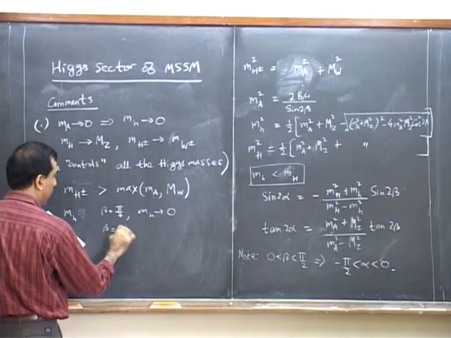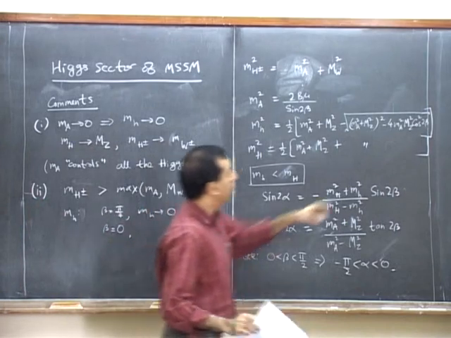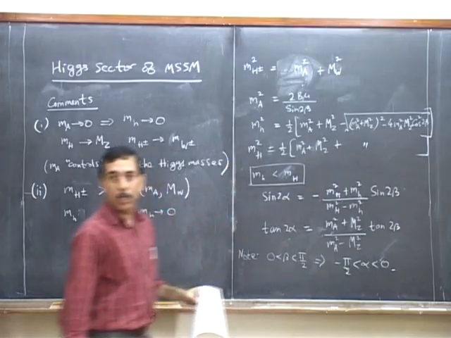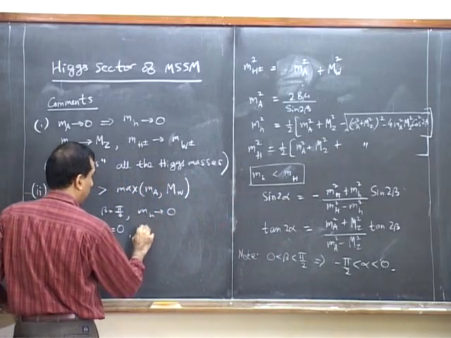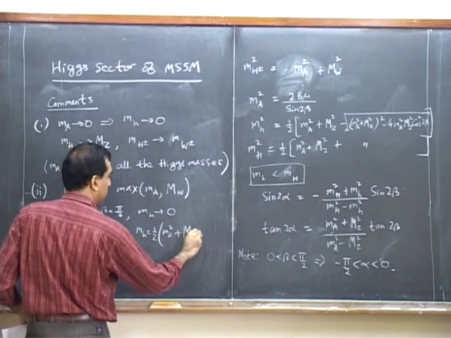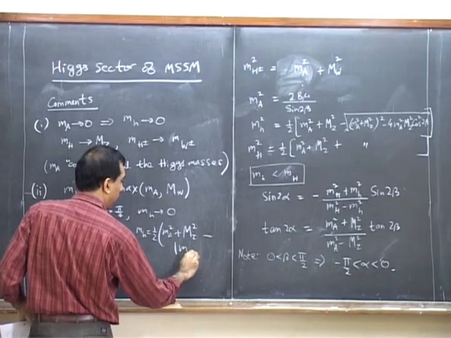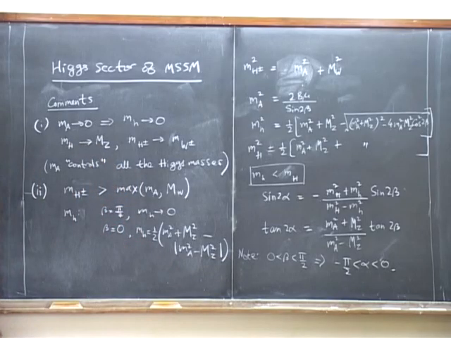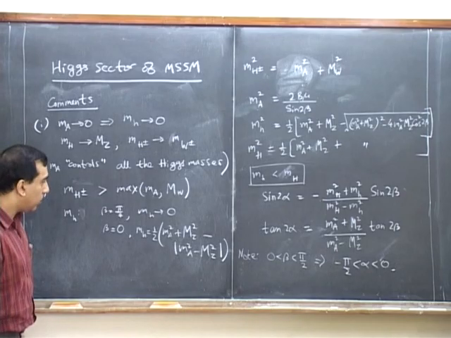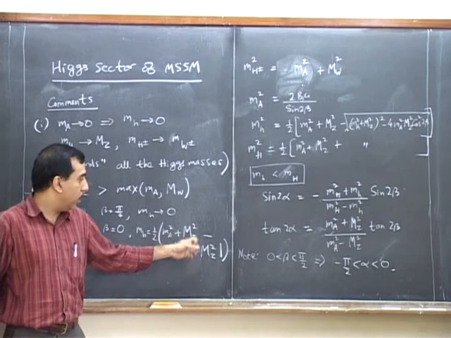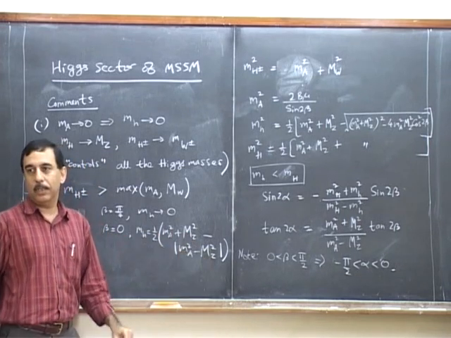For the other limit, beta equals 0, in that case what happens is this becomes MA squared minus MZ squared. When you take the square root, you get that Mh squared is half of MA squared plus MZ squared minus mod of MA squared minus MZ squared. Is that clear? Now this thing is going to be MZ squared if MA is heavier and MA squared if MZ is heavier.